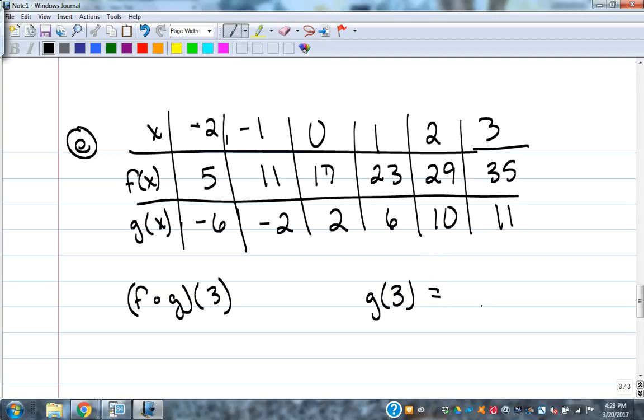What's the y value that goes with that? I just made this up on the spot, so let me pick a better number. Let's do g of 0. That's a better one. All right, so what's the y value that goes with that? 2. Now we're going to use that 2 as what in the f of x?